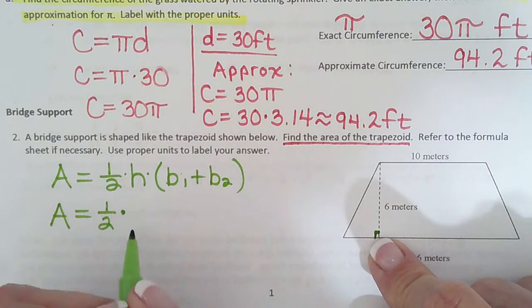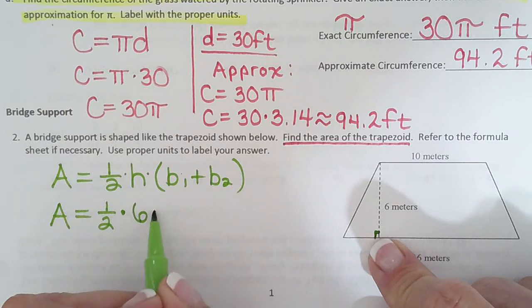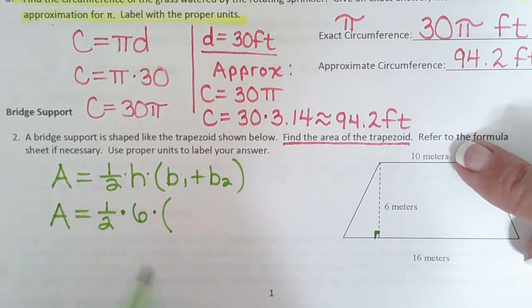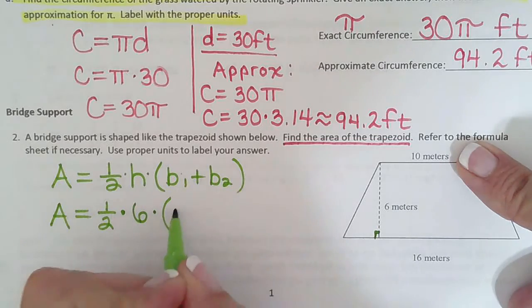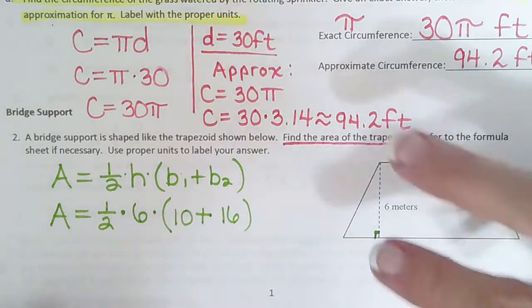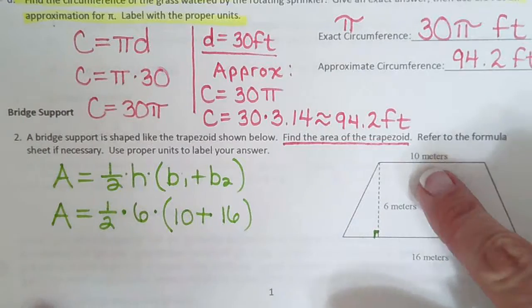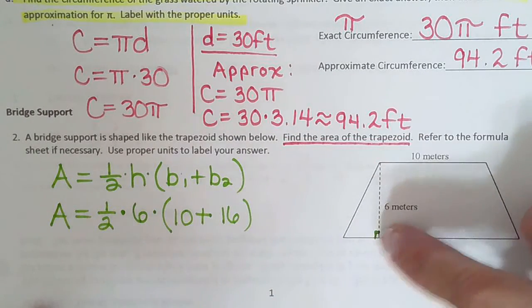So that's 6 times b1. Usually students call the smallest one b1, but it doesn't matter. Plus base 2. So these are both bases, because you could turn it over and it could sit on this base 2. So base 1, base 2, h is the height.